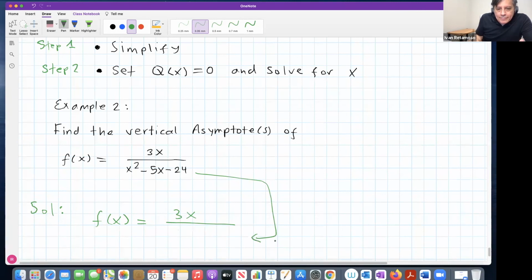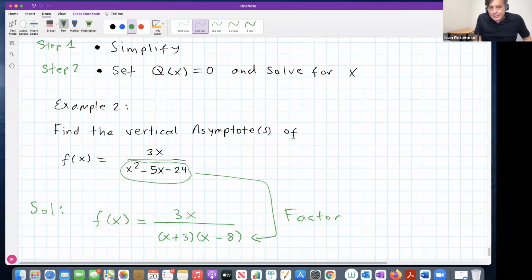Factoring this guy, x squared minus 5x minus 24, I need two numbers whose multiplication is negative 24, whose sum is negative 5. Those two numbers, after some trial and error, are 8 and 3. I want the sum to be negative 5, so the one dominant in value should be this guy, right? So 8 negative, this other guy positive. This is the factorization of this, right? Yeah, factoring this. And I can see that nothing gets simplified.